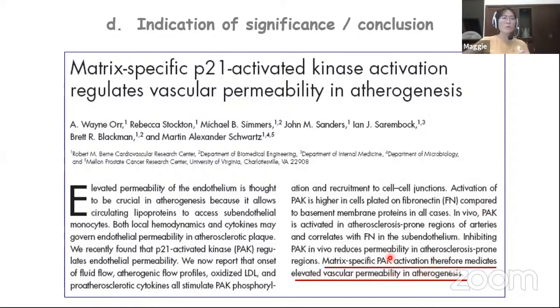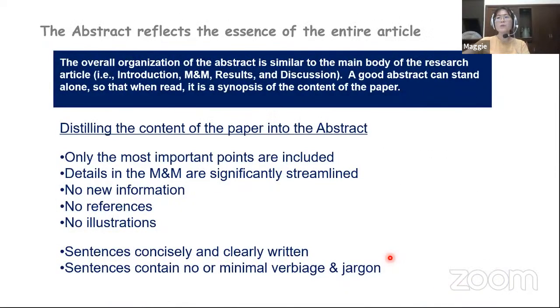So even though you don't read the whole manuscript, you still know what they have done, why they do so, what they have found, what's the conclusion for their study. That's the example for writing the abstract.